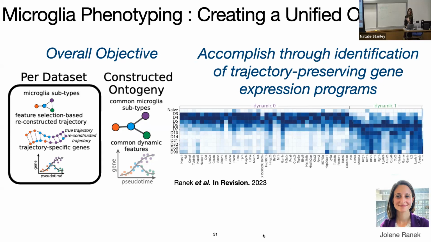We're doing this with an algorithm we developed called DELV, which is designed to infer particular gene expression programs that you could use to recapitulate some biological trajectory of interest. This is Jolene's work, and we have a preprint about this on bioRxiv, though I didn't put the link.